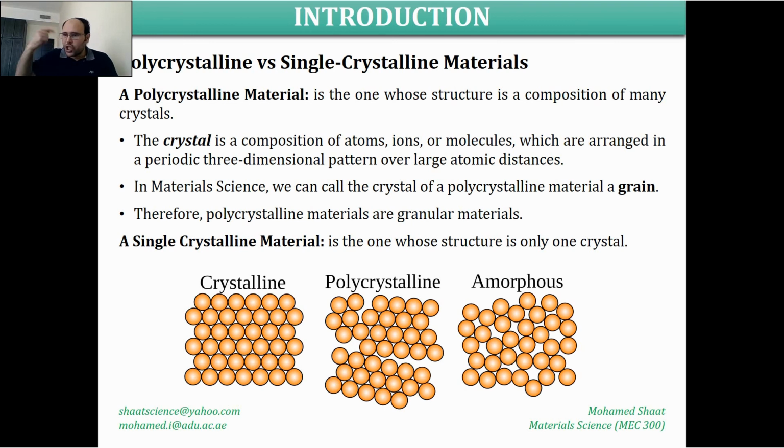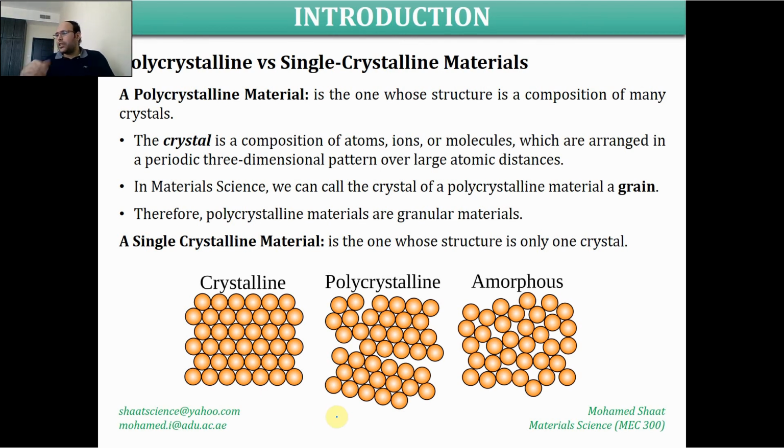So, is it fine if this crystal has its own periodic structure, and this crystal has another periodic structure? Yes, that is fine. We do have some materials that have this specification. This will be discussed in more detail in chapter, I believe, either 5 or 7. Yeah, chapter 5.